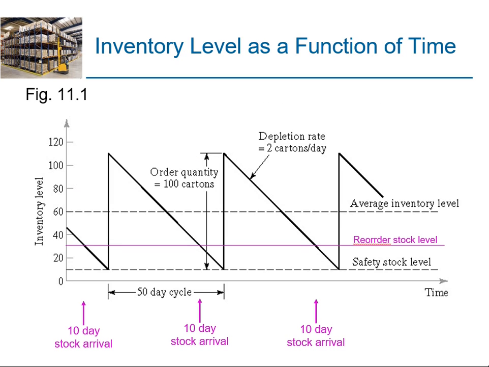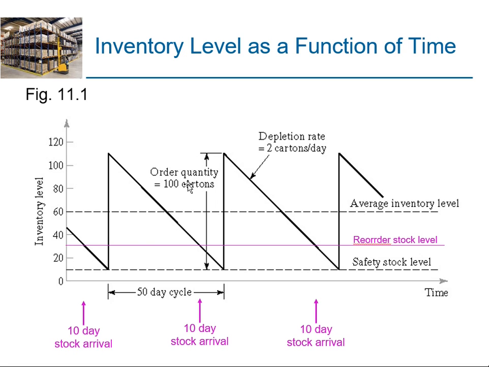This is an example of an inventory level used as a guide for restocking raw materials. For example, when a raw material hits the safety stock, in this case decided at 10 units, there will be replenishment of stocks.